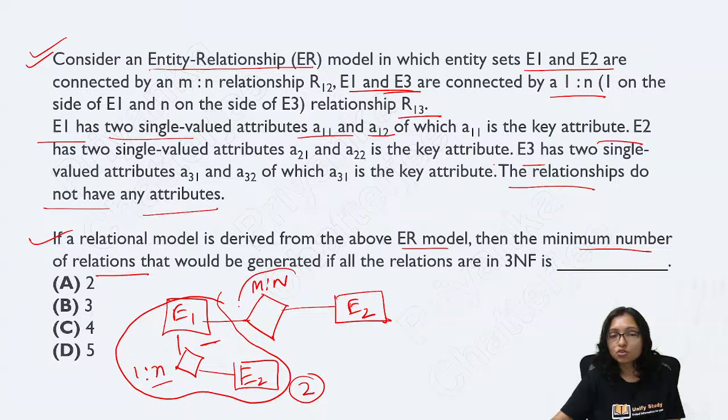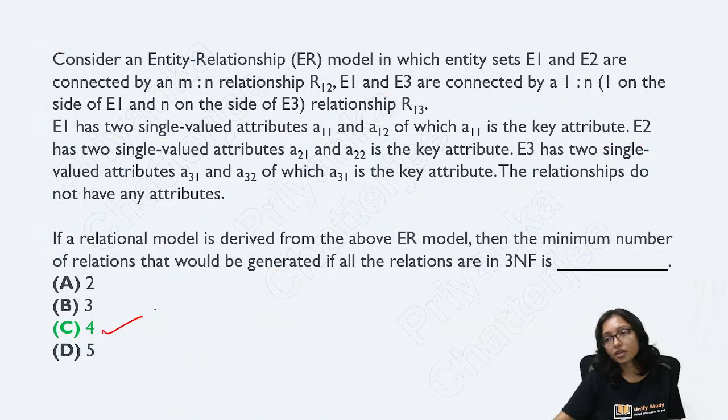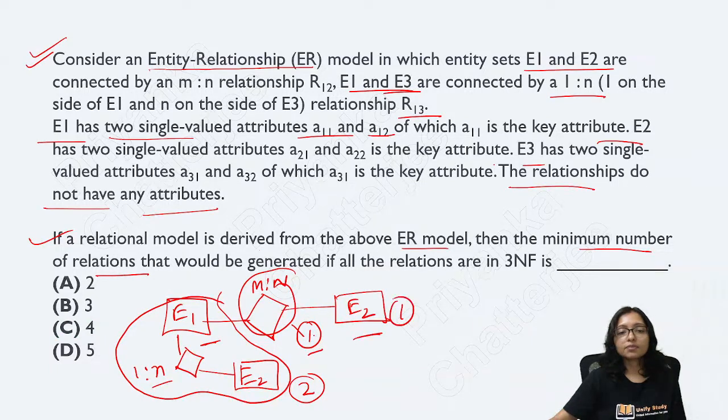For this many to 1 I need another 1 extra, right? And this is 1 extra. So that's why total will be definitely 4. Definitely 4 will be my answer, because here I need 1 table, for this one I need 1 table, and for this 1 to many part I need 2 tables. So 1 plus 1 plus 2, that is 4.